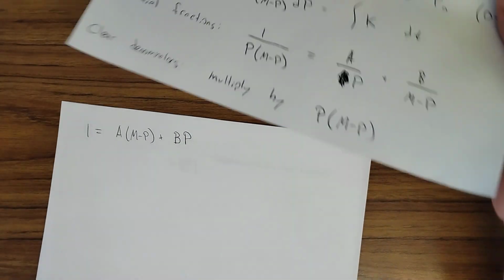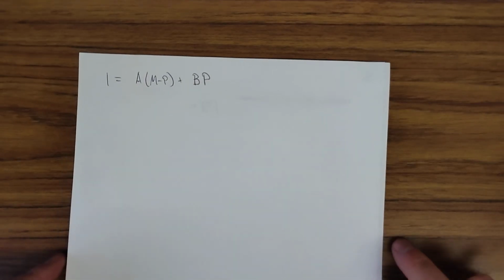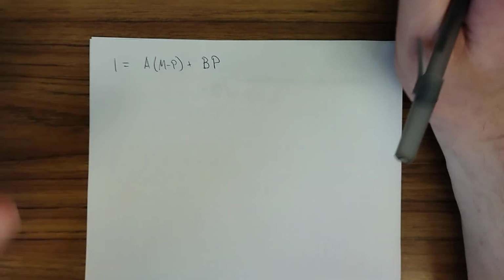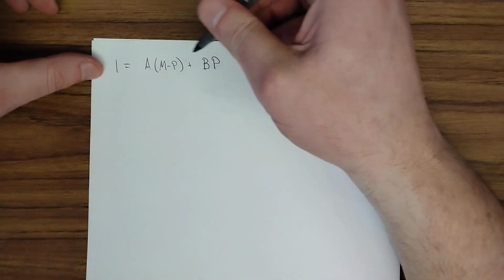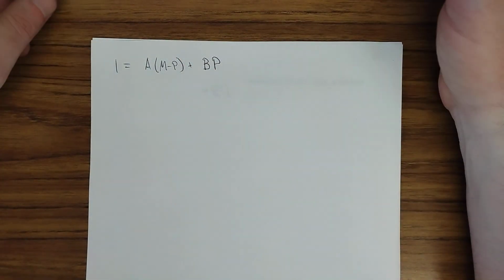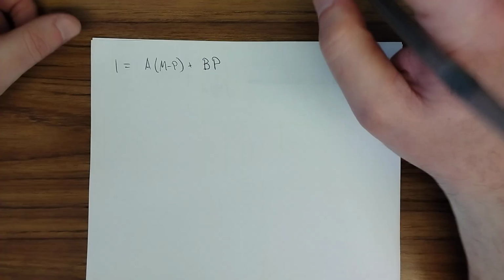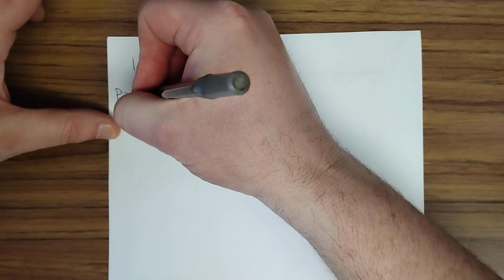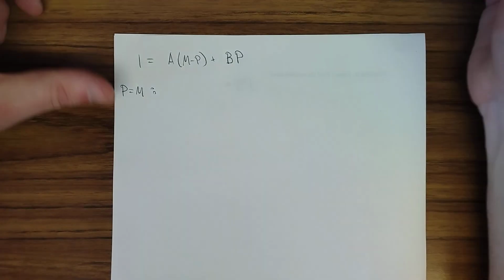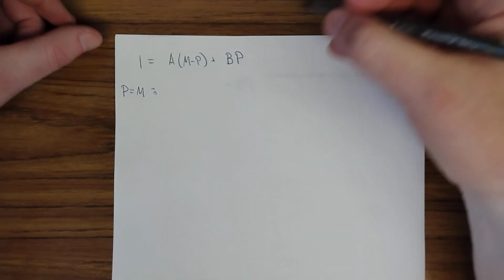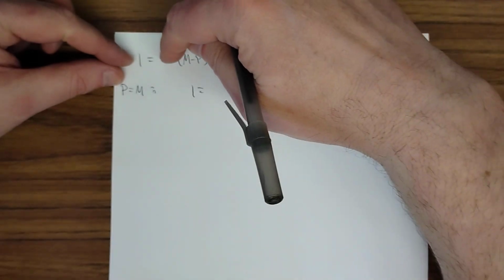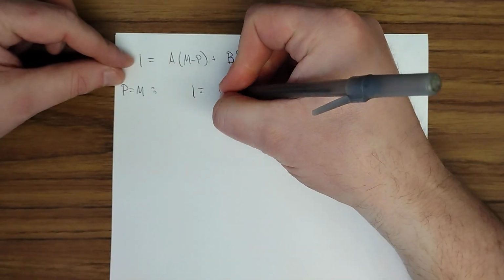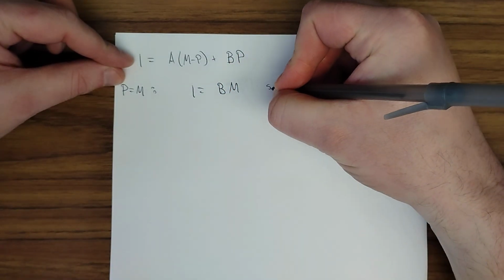The way I usually do this is I plug in convenient values of p, and the convenient values are ones that make one of these terms disappear. To make this disappear, I would plug in p equals m. That would give me 1 equals, this is gone, b times m.